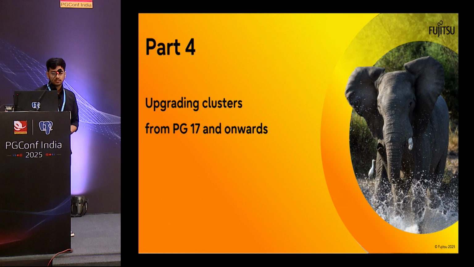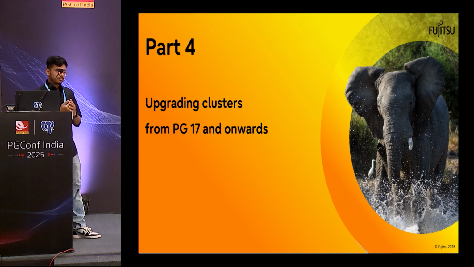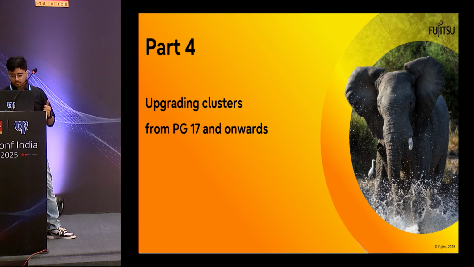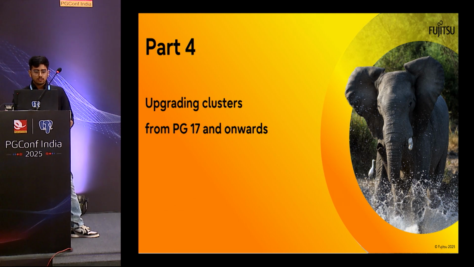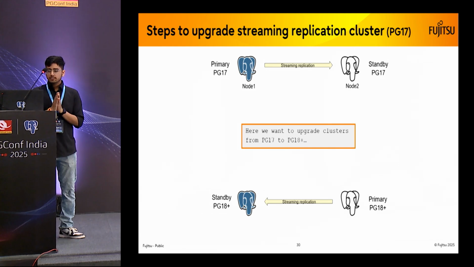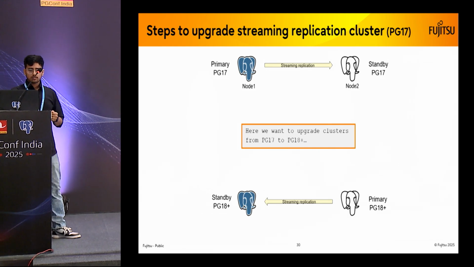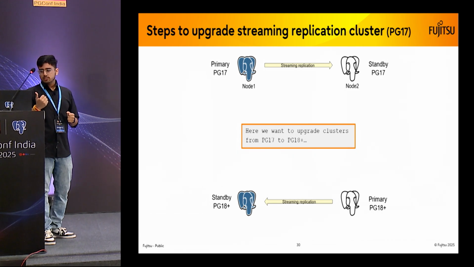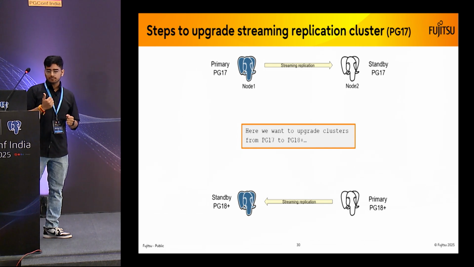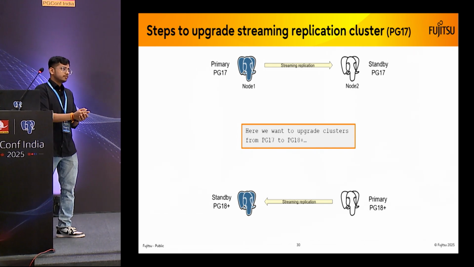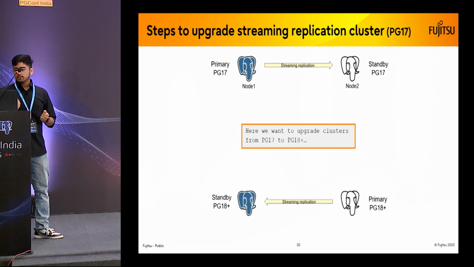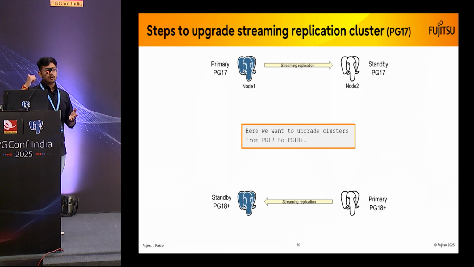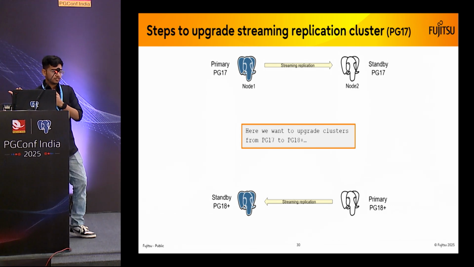Now let's see how, using these features, we can improve the upgrade process that we discussed earlier. In this case, I am upgrading the cluster from PG17 to PG18+, because these new features were introduced in PG17 and can only be used if the old cluster is PG17, and we upgrade it to a later version of Postgres.